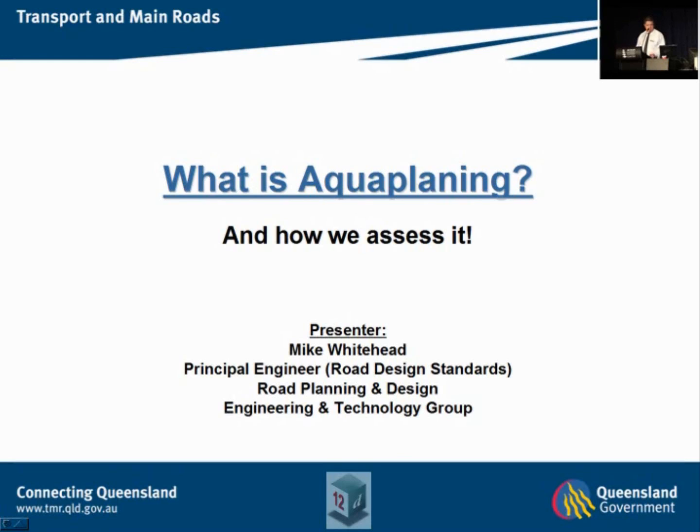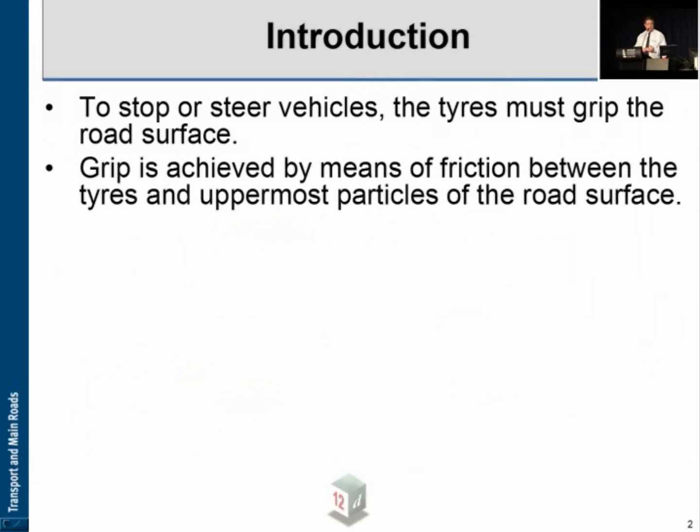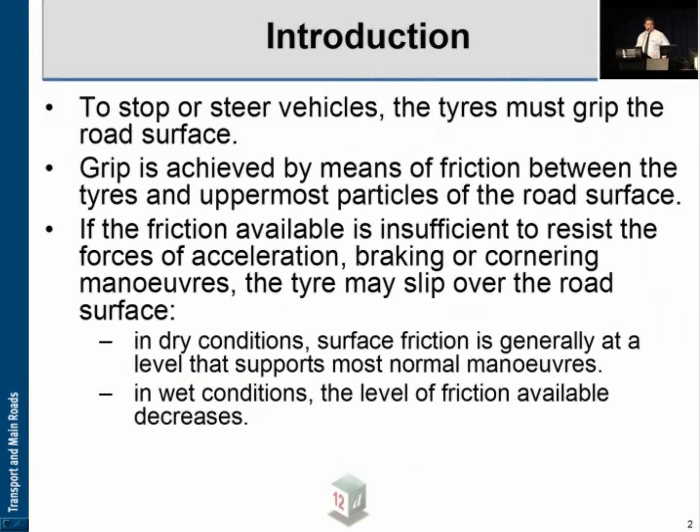So what is aquaplaning? Just as an introduction, to stop or to steer a vehicle on a road, the tyres must grip the road surface. Pretty understandable. Now, this grip is achieved by means of friction between the tyres and the uppermost particles of the road surface. If the friction available is insufficient to resist the forces of acceleration, braking and cornering, the tyres may slip over the road surface.